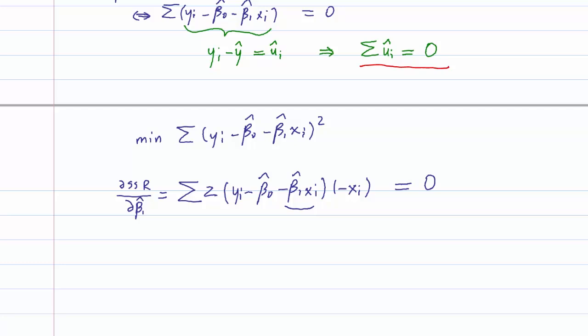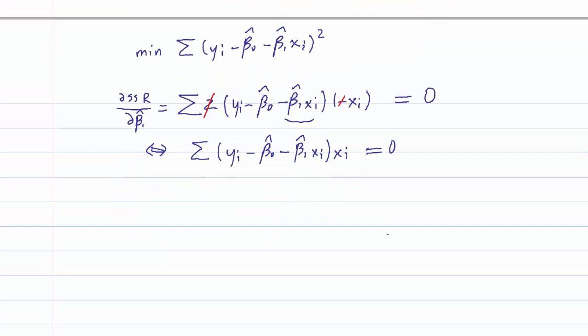Again, we can simplify this by dividing by 2 on both sides and by removing the minus by dividing by minus 1 on each side. So this becomes the sum of yi minus beta 0 hat minus beta 1 hat xi times xi equals 0. Again, this is equal to ui hat, the error term.